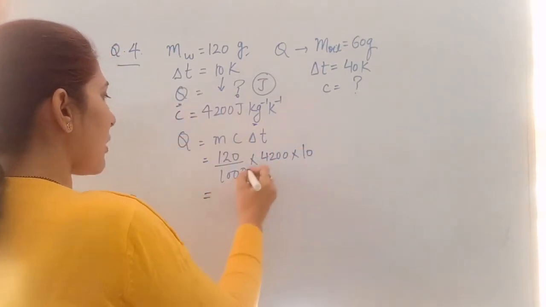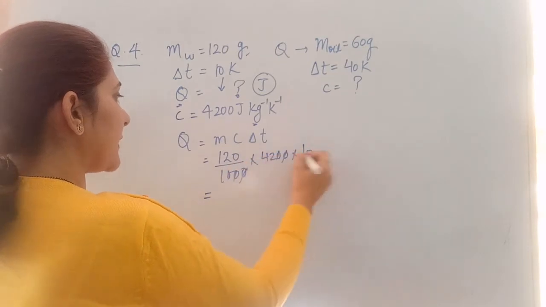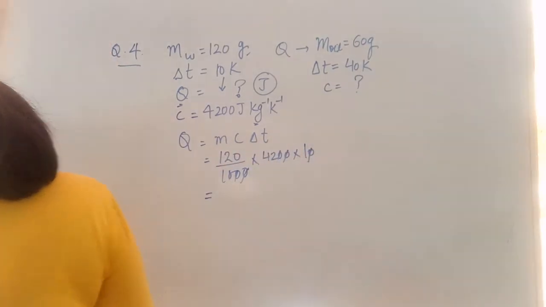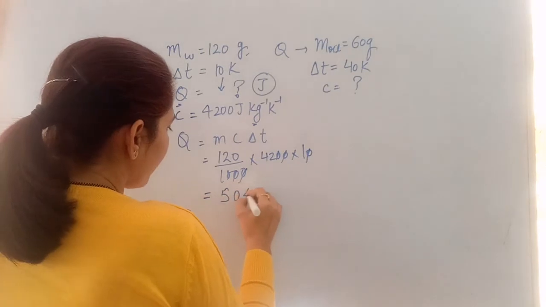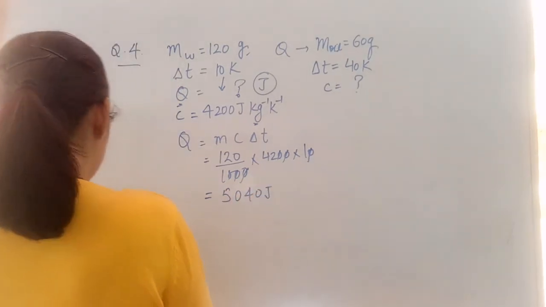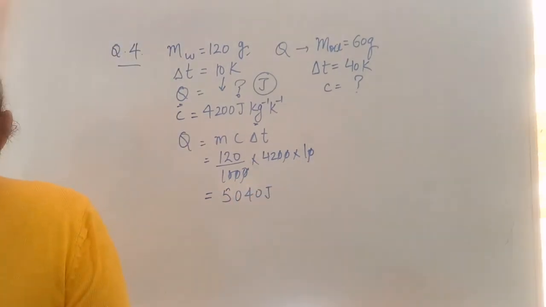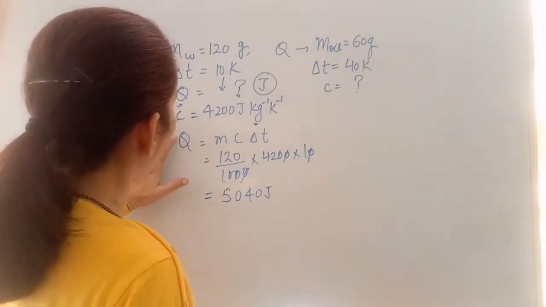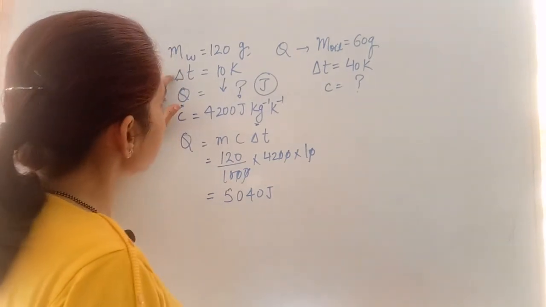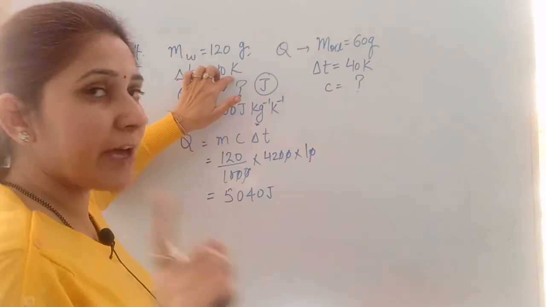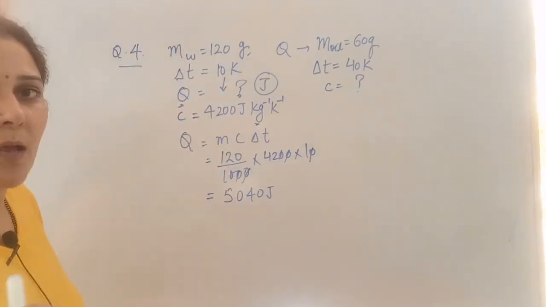Solving it, this will be 5040 joules. This is the amount of energy given to 120 grams of water to raise its temperature by 10 Kelvin.